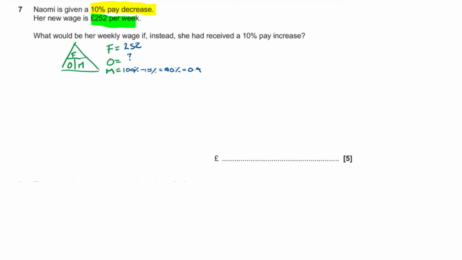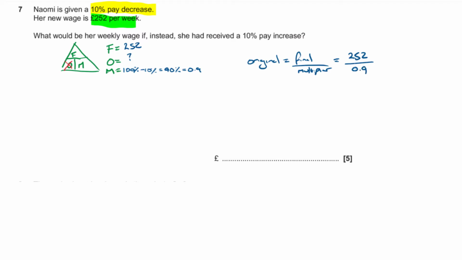Okay. So looking at our little triangle over here, cover up the one you want to find, which is the O, stick your thumb on it, and then it's going to tell you what to do with the other two. So original is going to be my final divided by my multiplier, which in this case is 252 divided by 0.9.